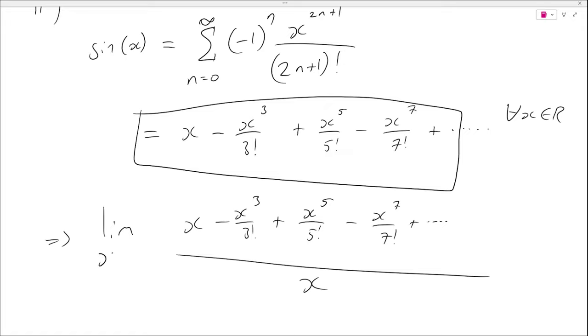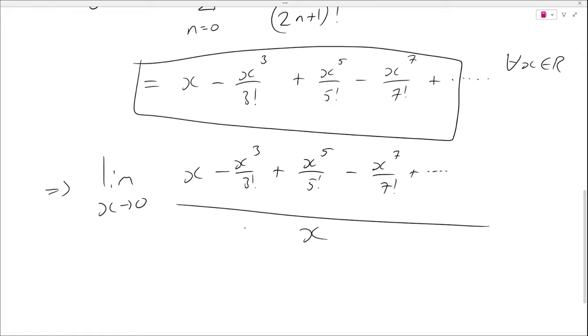And reminder, this is taking the limit as x approaches 0. Now if I wanted to quickly simplify this, I can just start cancelling out the x terms. That x cancels out with this one, leaving a 1. It cancels out the cube, we end up with a square. Cancels out the 5, we end up with a 4. Cancels out the 7, we end up with a 6. And so on and so forth, and it would just keep simplifying as long as you want to keep writing it.